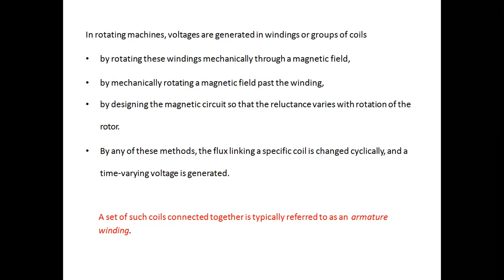So a set of such coils we are using together, and we are calling these coils the armature winding, and we are using their conductors which will carry the current.